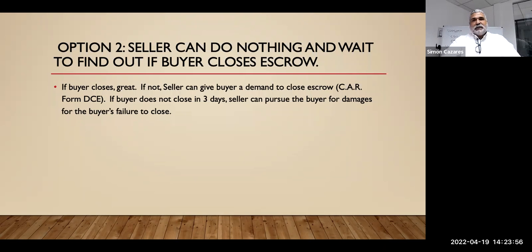Remember, all of this is going to be presented to the seller. At the end of the day, the seller makes the ultimate decision. The seller is the one that's going to say, I'll consider A, I'll consider B, or I'll consider C. But there has to be one that they accept, because that's the one that's going to go into escrow. So either A, B, or C. Or they can just say, I'm going to pick and choose, and boom, wherever my finger lands is the one we're going with.